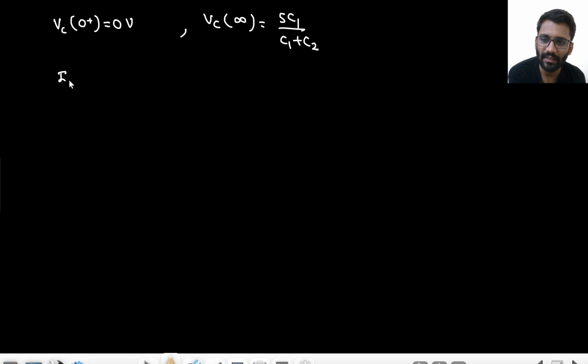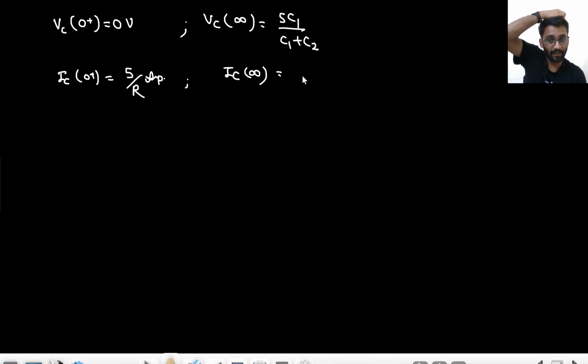Okay. So from 0 to 5 C1 upon C1 plus C2 it is rising. So let's comment on VC. VC at 0 plus is 0 volt first, because they were shorted. Then it rises to 5 C1 upon C1 plus C2. What about IC? IC initially was 5 by R ampere, right? And then it goes to 0 ampere, right?